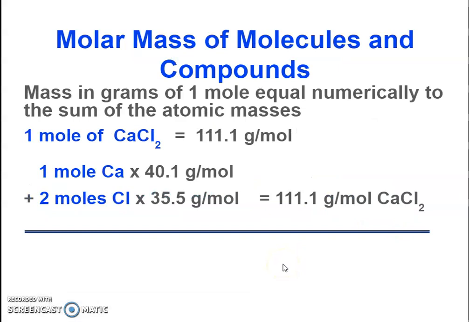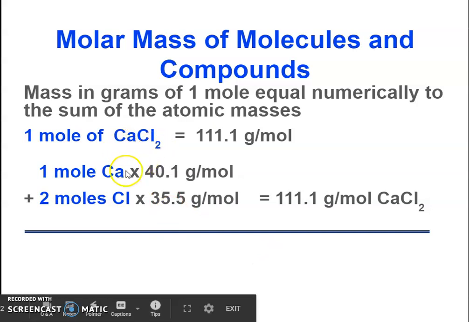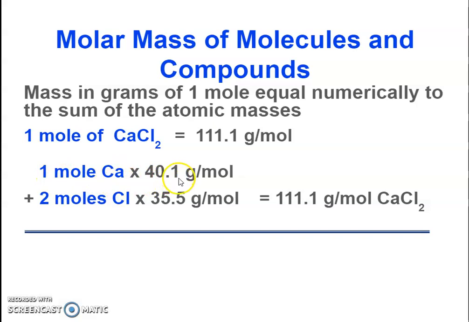All right, what do you do in a compound though? Okay, so what you do is you separate the compound. You figure out how many of each type of atom there are. You look up the molar masses on the periodic table, and then you add them together. So here we have calcium chloride. That means we have 1 mole of calcium at 40.1 grams per mole, and we have 2 moles of chlorine because we've got the subscript here.